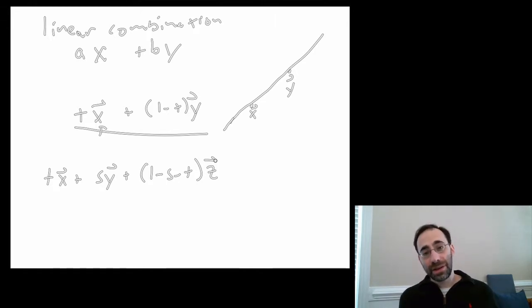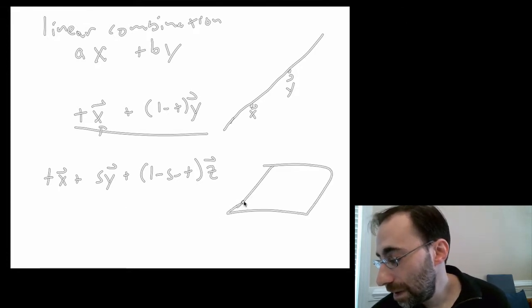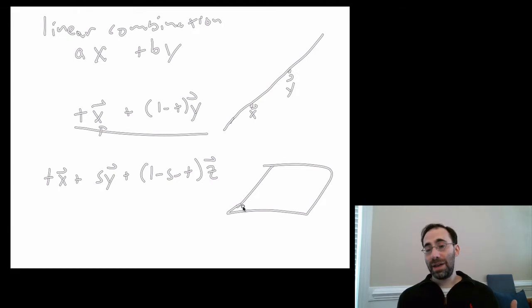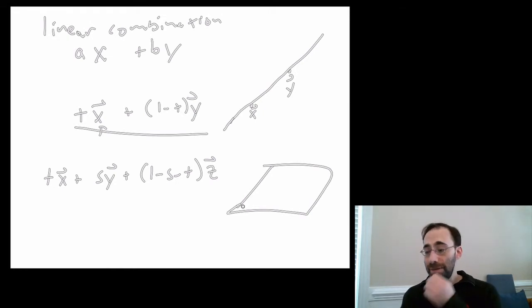You can go bigger if you choose. So in each case, here there are 2 dimensions of these vectors, and the combination gives you a 1-dimensional line. Here there are 3 points, and the combination gives you a plane. So it's 1 fewer dimension than the dimensions of the vectors themselves and the number of vectors.